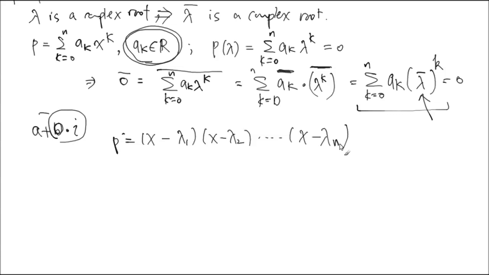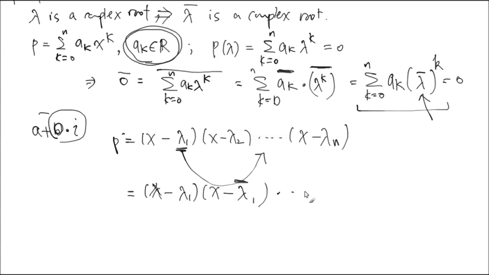Keep factoring out. If this has a nonzero imaginary part, lambda bar must be somewhere here, right? Because we know lambda bar must appear. So they pair up like this: x minus lambda 1, x minus lambda 1 bar must be somewhere up there.